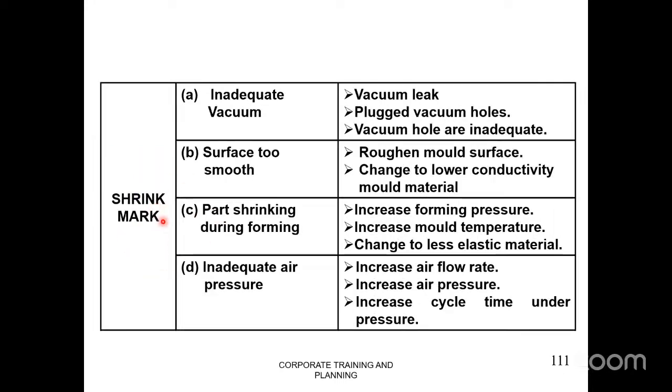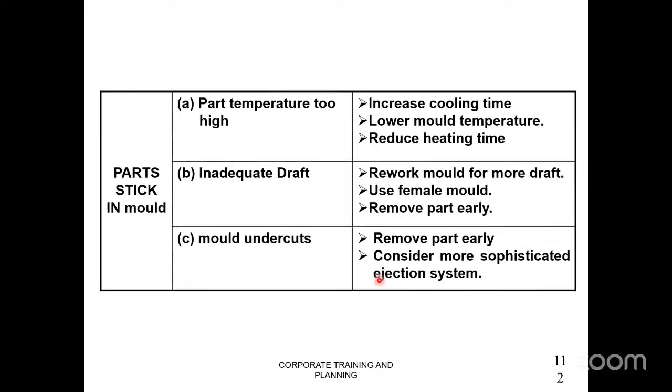Shrink marks. Now, here a shrink mark is also observed in thermoforming. Inadequate vacuum, surface too smooth. But shrinkage is very low in the thermoforming process. They have given it here because with a very thin article there may be a shrink mark, and these are the causes and these are the remedies for that.